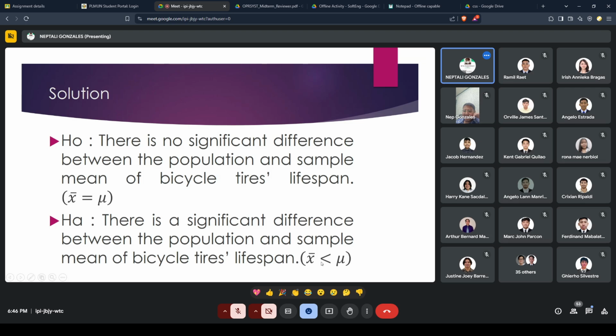Pinapatotohanan niya na yung 3.5 years ay less than sa 5 years. At ayun nga ang lumabas, there is a significant difference based on the computation. Diba? Ang lumabas talaga, totoo nga, na 3.5 years lang tumatagal yung mga baterya. Ay, yung mga baterya, yung mga gulong.